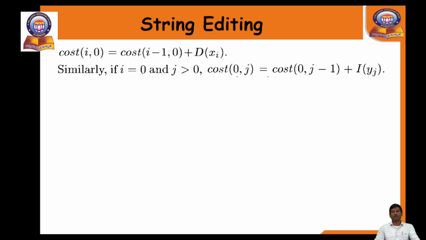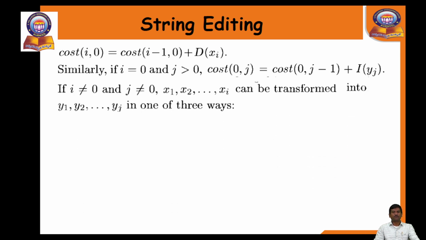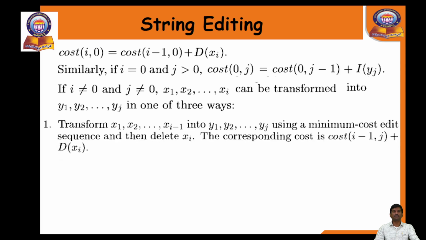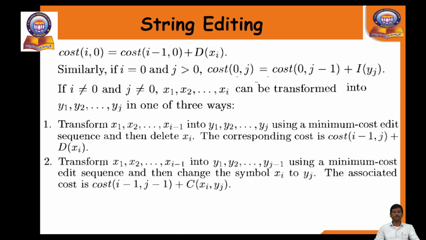So I of yj. Where if i is not equal to 0 and j is not equal to 0, then x can be transformed into y in one of the possible 3 ways. That is, transform x into y using the minimum cost edit sequence and then delete xi. And the corresponding cost will be equal to cost of i minus 1 comma j plus delete on xi.